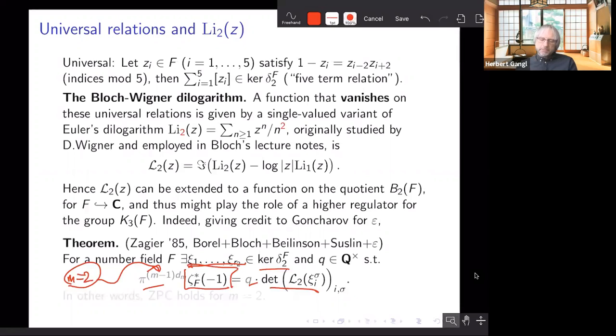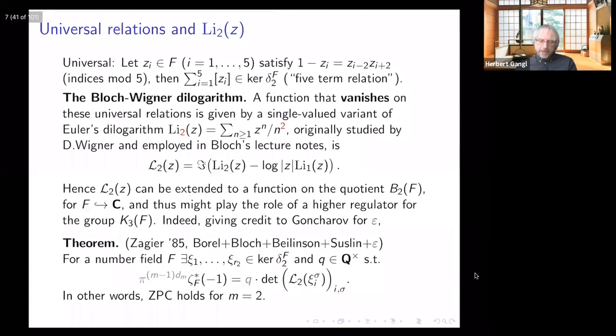And so it was folklore at the time that Borel and Bloch and Beilinson altogether and Suslin would imply the same thing that Zagier proved, in a slightly weaker form, where he had to pass to some extension field of maximally degree 4 larger than the original one, so it's very close, plus an epsilon, which I think Goncharov was the first to really put into the right context, into one piece.